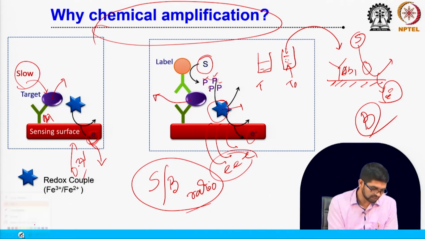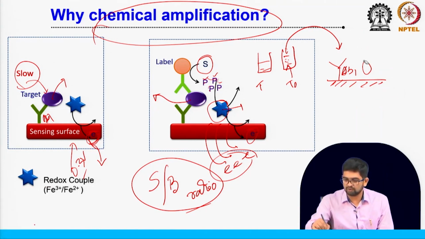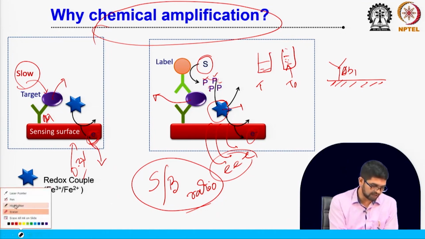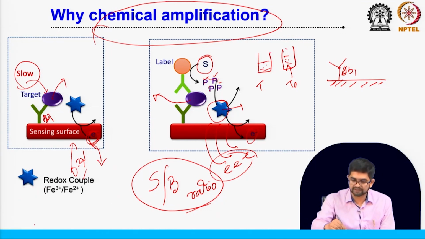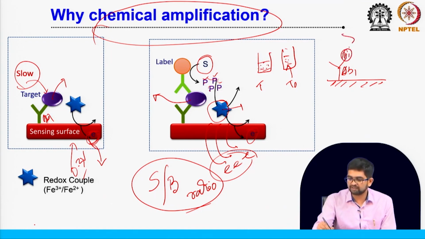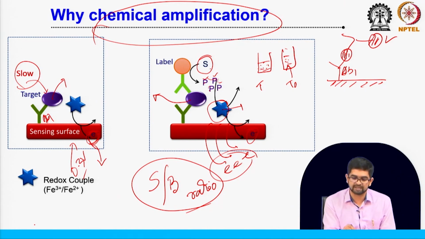Now let us come to the second solution with target. If you have a target, like some cancer antigen, it will necessarily bind here, then you add the secondary antibody with label, and see, now it is here. So, it is similar to this. We add the substrate, and from the product you will get so many electrons.